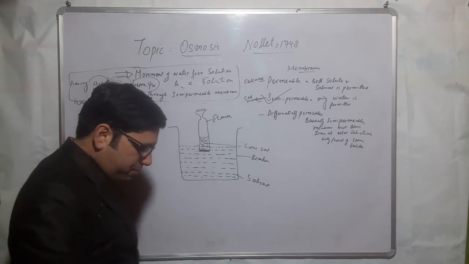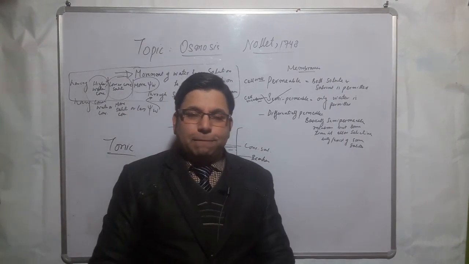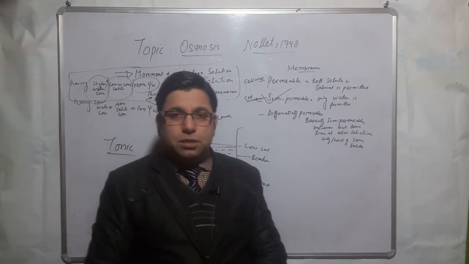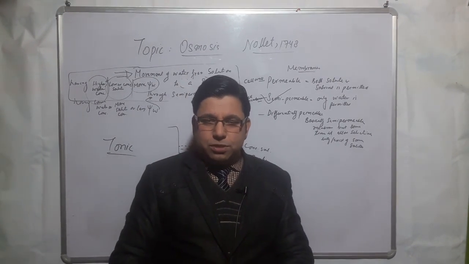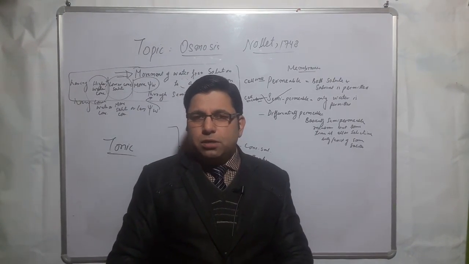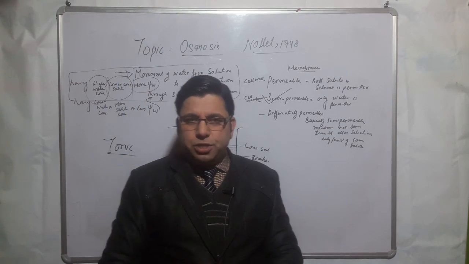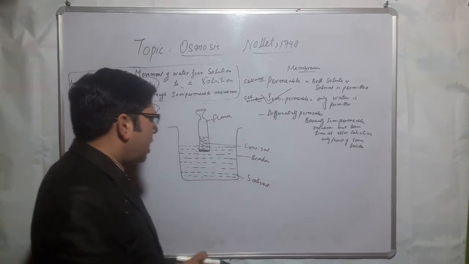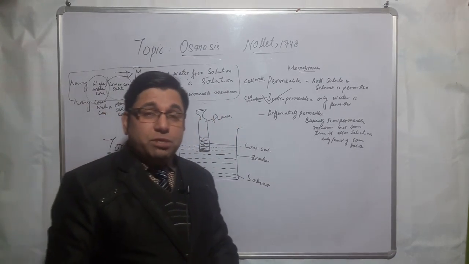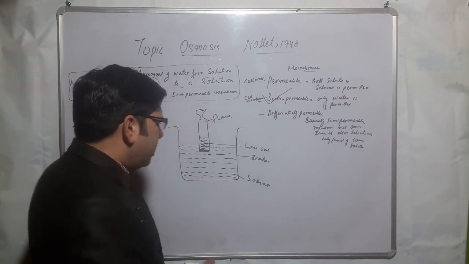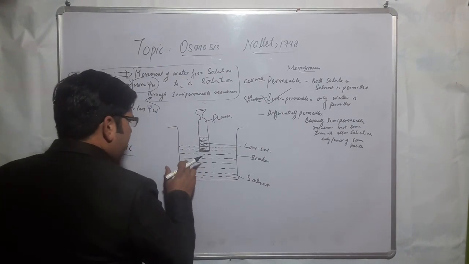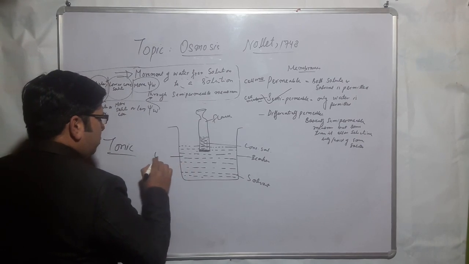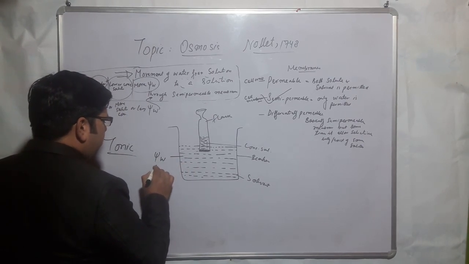Now please learn the concept. What is it? As we have defined osmosis, it is movement of water from its pure state or lower absolute concentration to higher absolute concentration, or movement of water from its higher concentration to lower. This is having more water potential, more water concentration, so psi W is more.